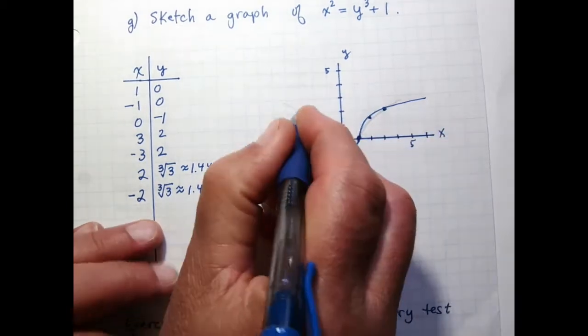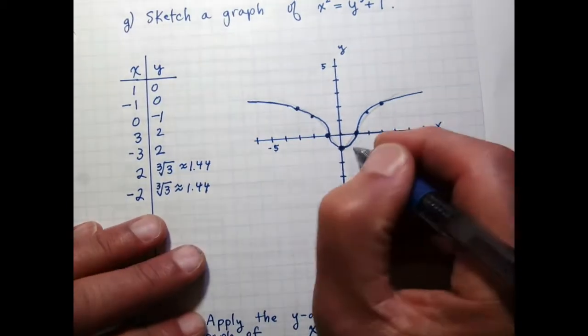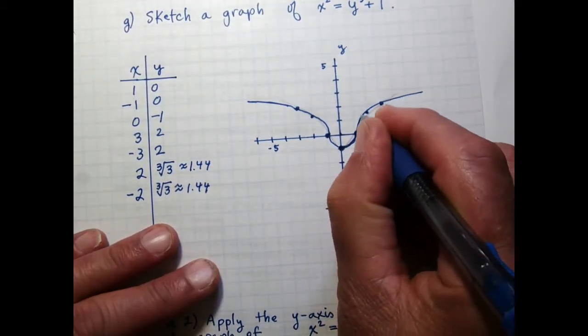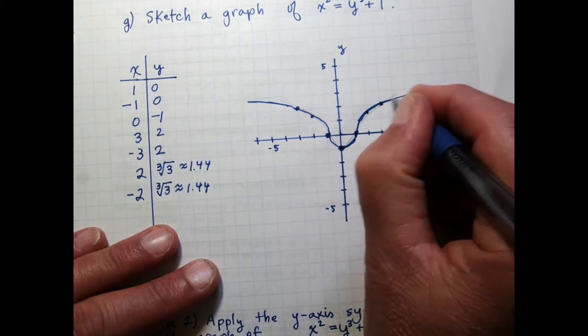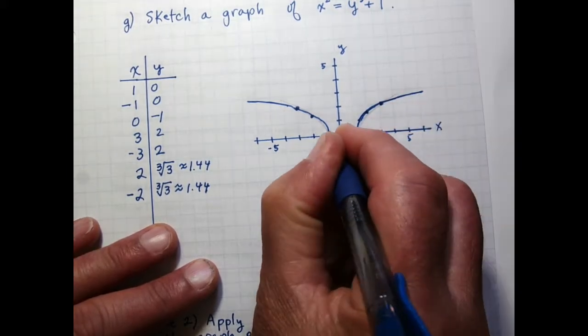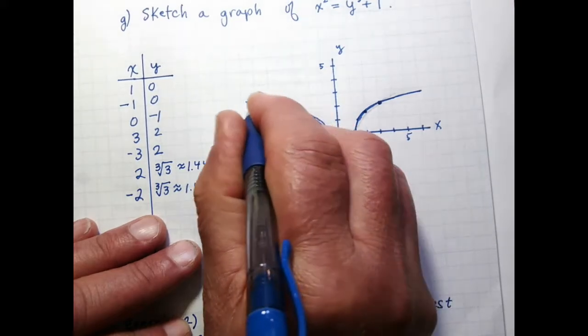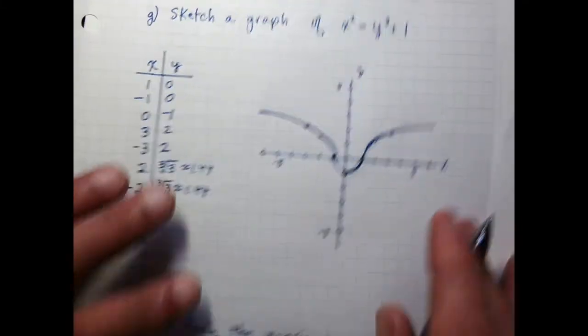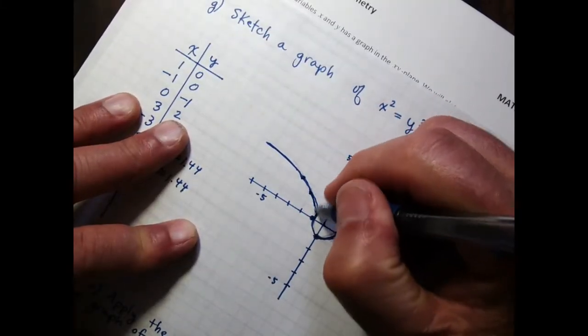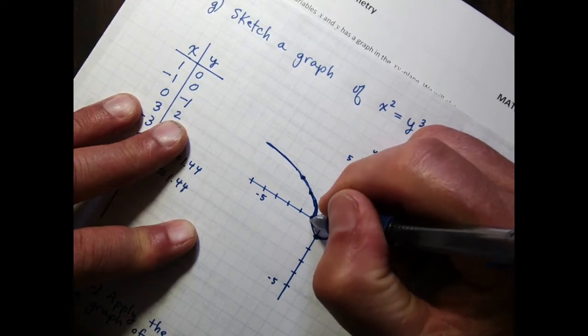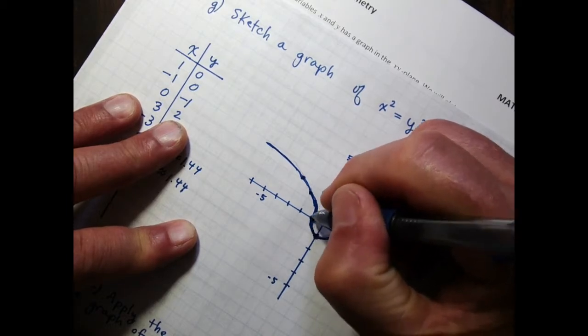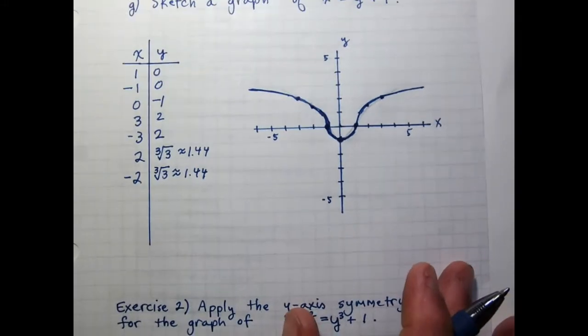So don't worry about not being able to see the shape of this graph. I just want you to be aware that we can be surprised, that it's not obvious what graphs are going to turn out to be, even though we had a lot of points plotted. I guess I could do that a little bit neater there. There we go.